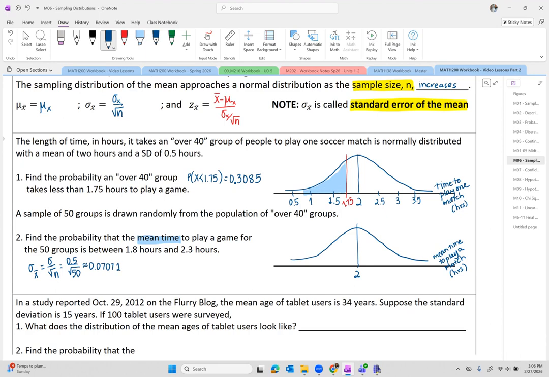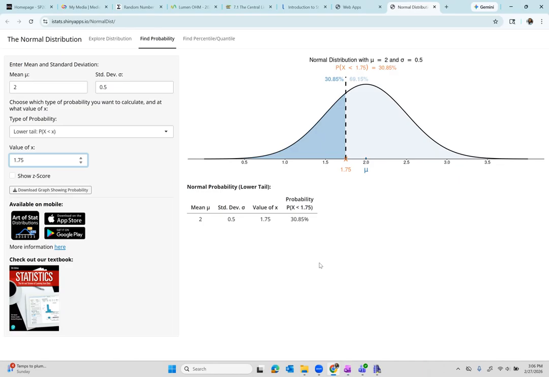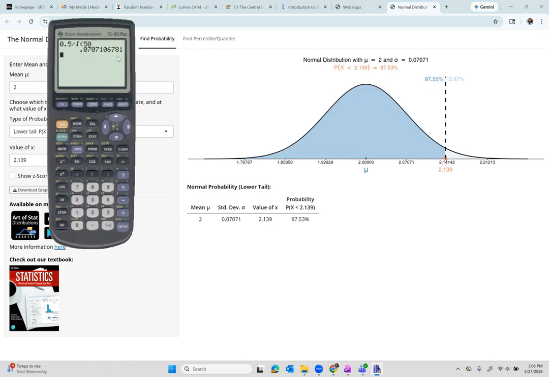And one problem that Art of Stat has is that it doesn't take expressions as the standard deviation. So here, unfortunately, you want to add as many decimal digits as you can. So I will actually add the rest of them too. 06781.